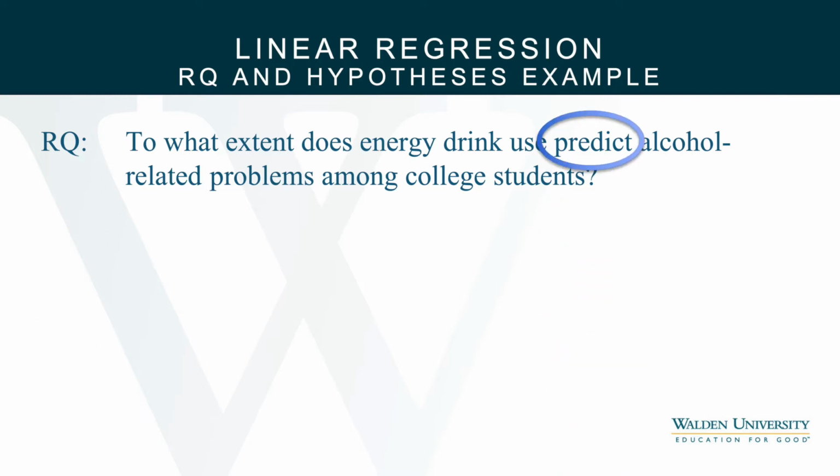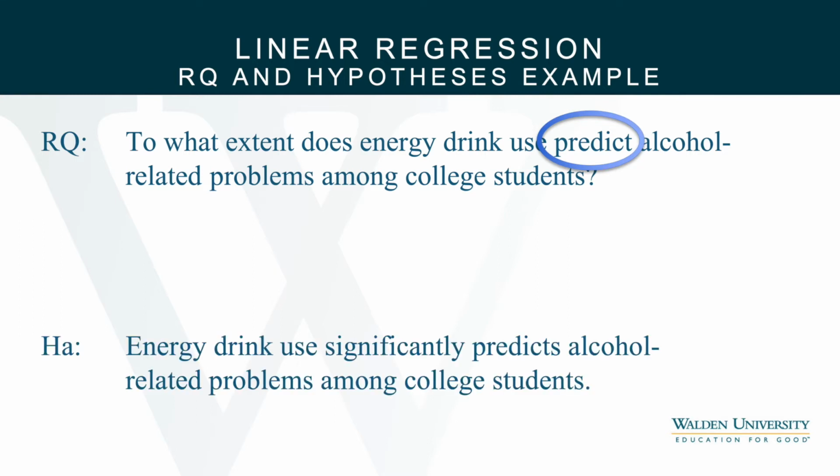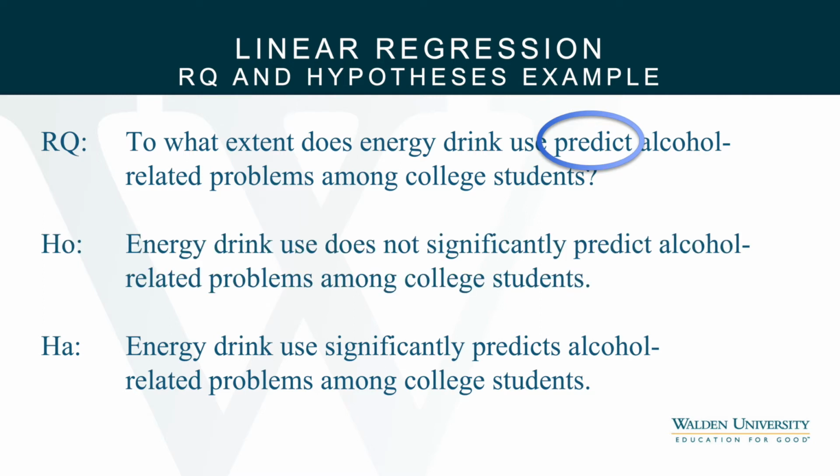Sometimes we see variations of that word, synonyms, such as impact or influence, but there's one word that I want to caution you against, and that is the word cause. Please don't use the word cause, as we do not evaluate causal relationships here in statistics. Our alternative hypothesis will state what we are expecting, and the null hypothesis, of course, will deny that.